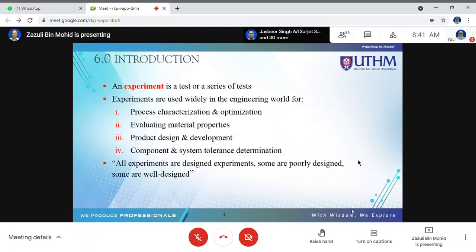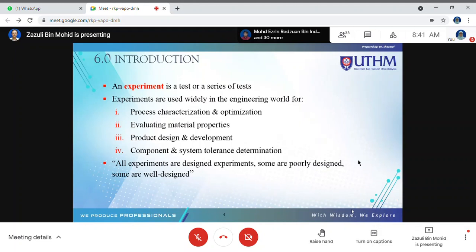So first of all, what is experiment? We should know the meaning of experiment. Experiment doesn't mean that we have to do some mixture of substance, maybe in chemical engineering, or measure some value from testing activities.